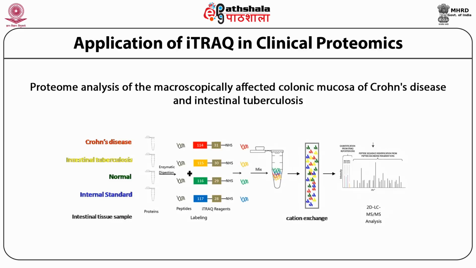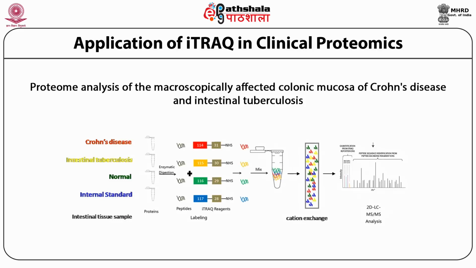The 4 tissue samples are used for proteomic extraction, and these proteins are subjected to enzymatic digestion using trypsin. The digested peptide fragments from these 4 samples are labeled with iTRAQ reagents. The labeled samples are then mixed and fractionated using cation exchanger. This sample is then subjected to mass spectrometric analysis.